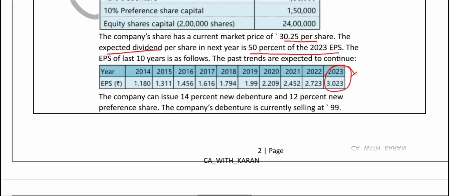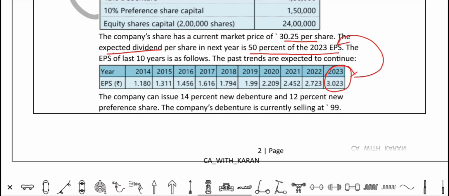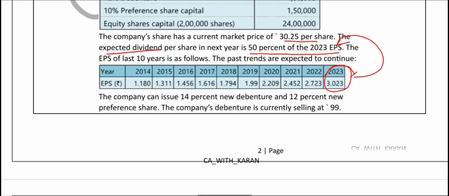So 50% of 2023's EPS is going to be the expected dividend of next year. They have given the EPS of the last 10 years, and the past trend is expected to continue. So whatever the growth from year to year, that is going to continue.